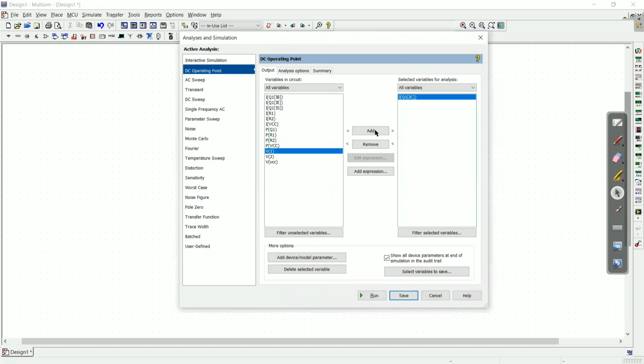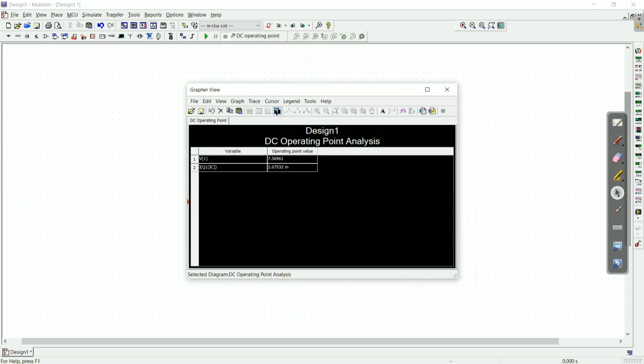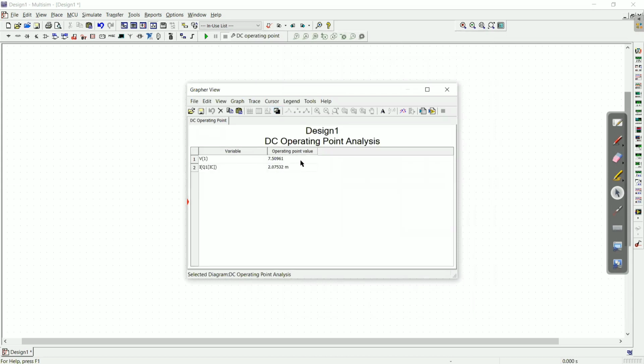So click on V1, add it, run. We get the output V1 equal to 1.5 and I of Q1 of IC equal to 2.07 mA, that is milliampere.